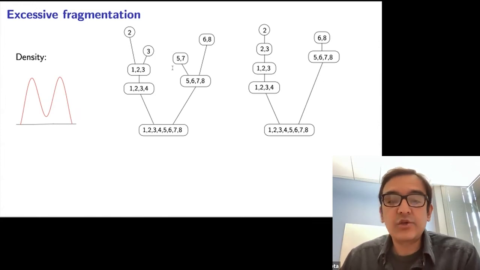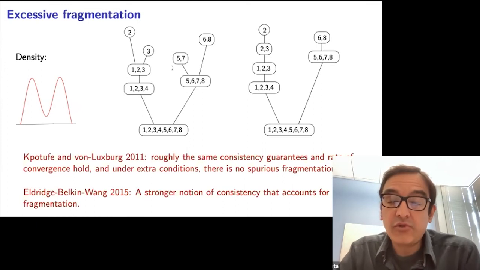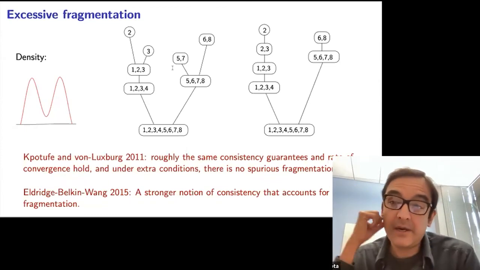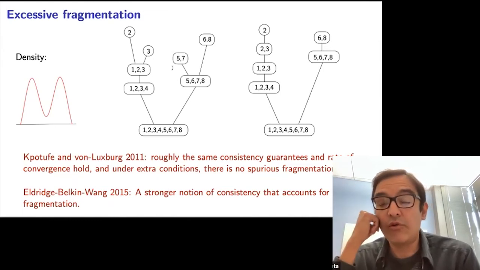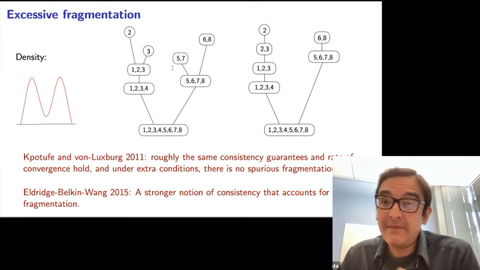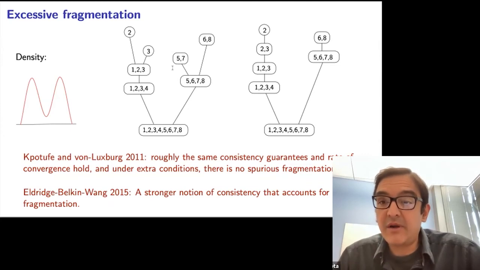And so what more recent work has done has been to propose alternative notions of consistency that disallow fragmentation, okay? It's been to say that, look, Hartigan's notion is not complete. We need to round it out to also prevent fragmentation. And it turns out that this same algorithm, the one that I just talked about, also takes care of this other problem.